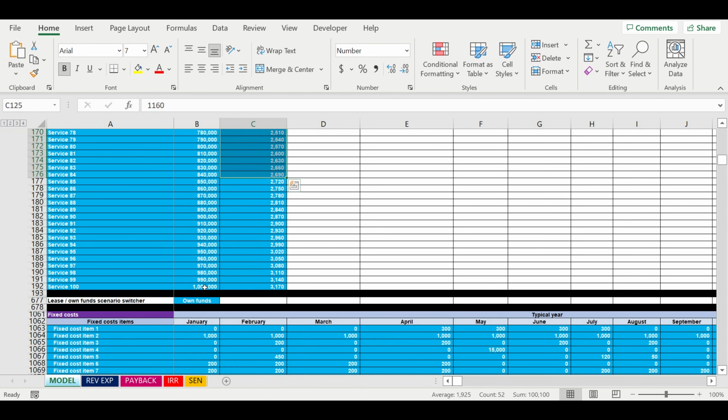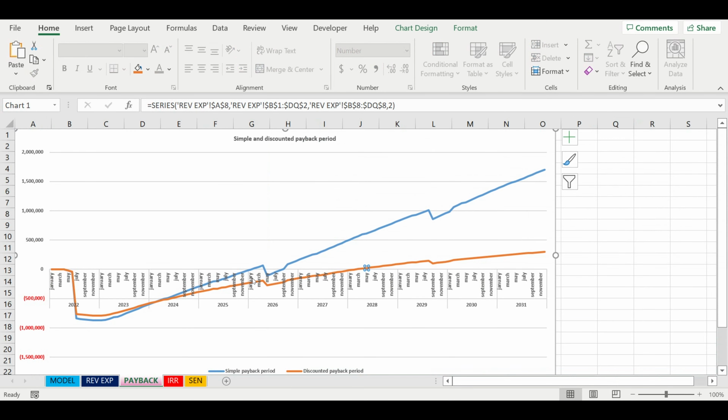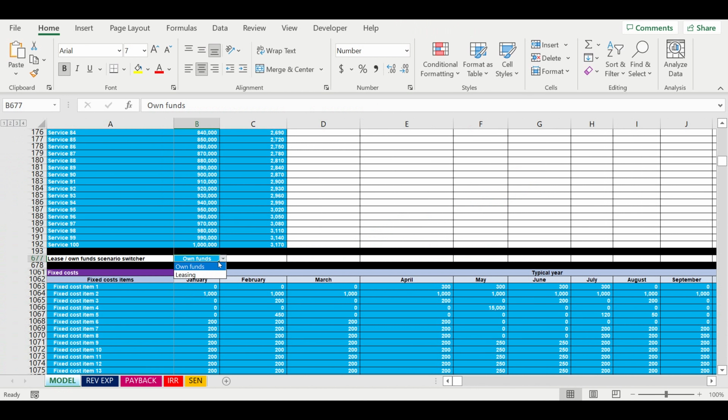Also, we can look at two scenarios of operating. The first scenario is when we buy a truck using our own money. This is the current scenario. Also, we can look, for example, at the scenario when we have a leasing scheme, leasing contract.